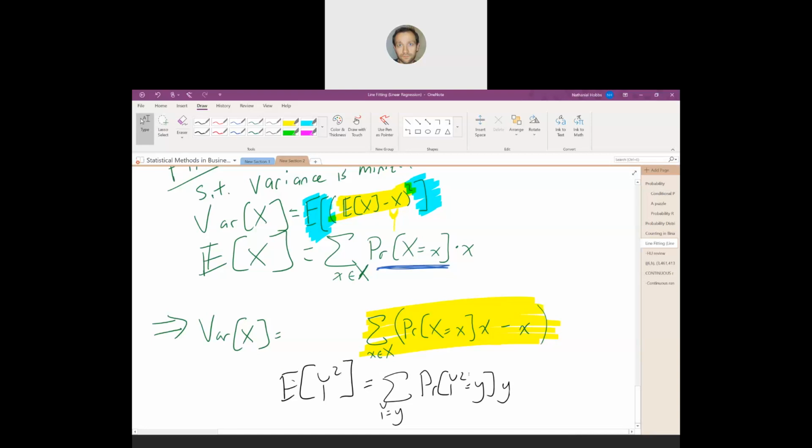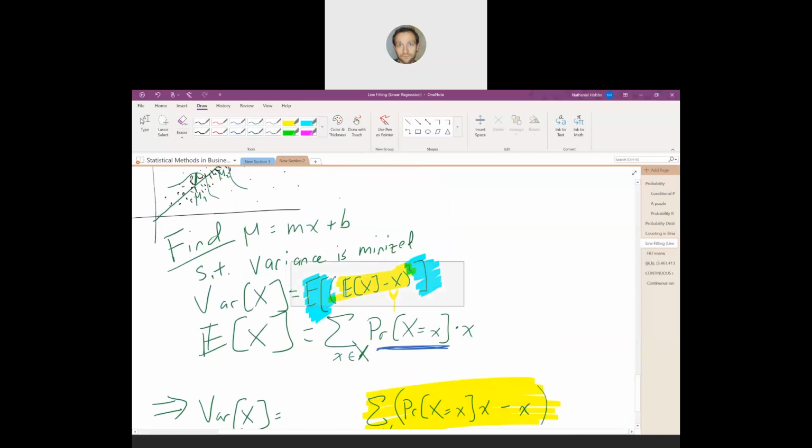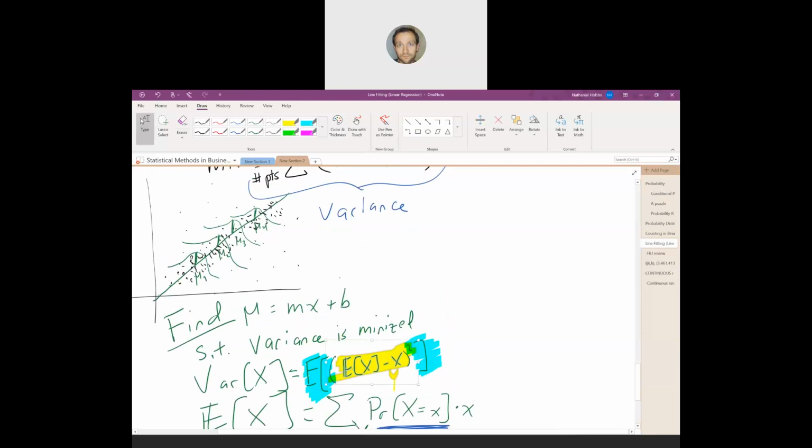Okay, I don't want this to get too math heavy. What I want you to be able to at least picture, looking at this, is that this, the expectation minus x, this yellow part, the expectation here is the mu.